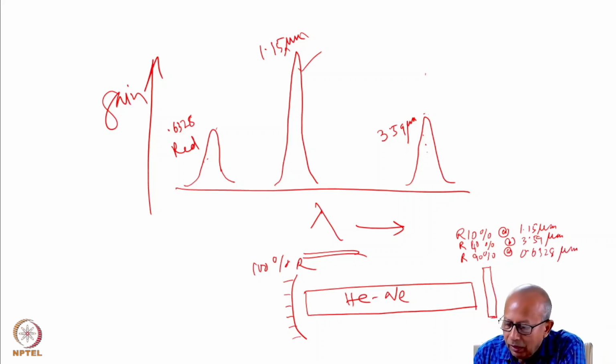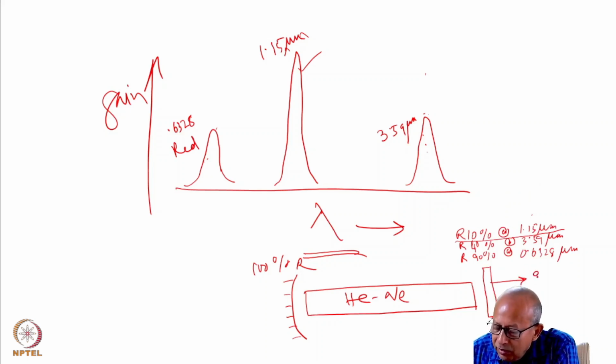So then, for the transition which has the highest gain, 1.15 micron, the light that grows inside this cavity, as it shines onto this mirror, the mirror transmits 90% of this.